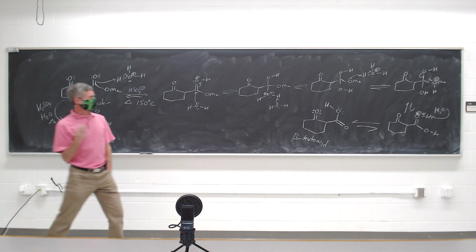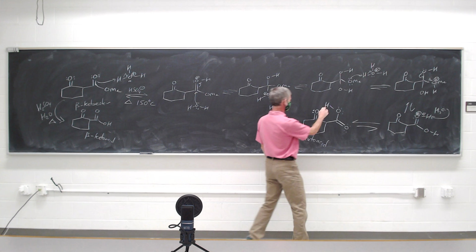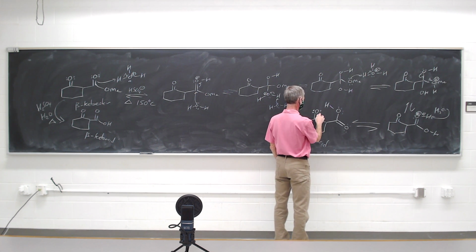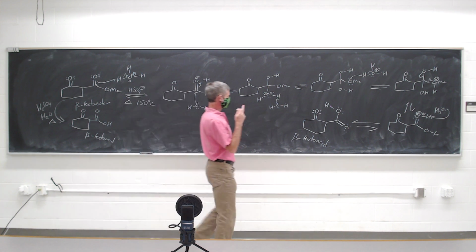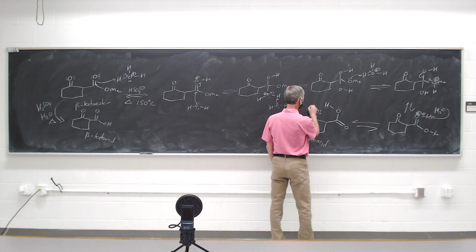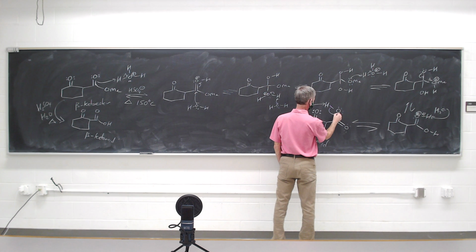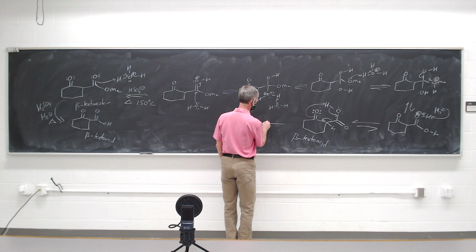The answer is I drew it like that to emphasize the fact that there's a 6-membered ring here, where that hydrogen and that oxygen are right next to each other. It's a very favorable reaction to deprotonate that, kick out CO2, and form the enol.